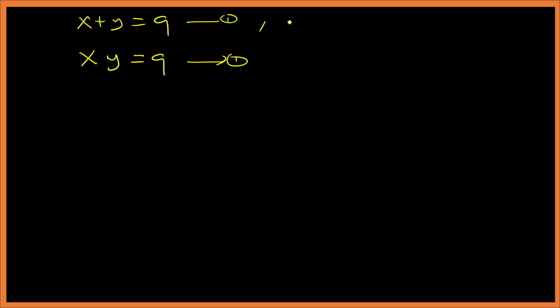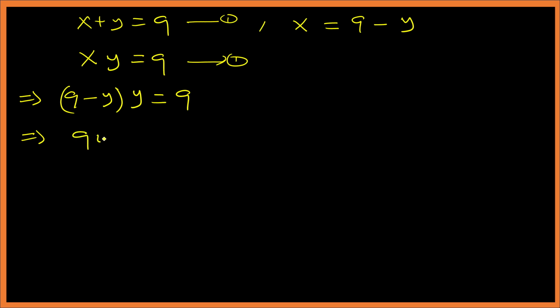So from here you can say X is the same as 9 minus Y. So when we come to equation 2, this is X, so I'll put 9 minus Y there, where this one is a product, so it will multiply equals 9. So I'll have 9Y minus Y squared equals 9.